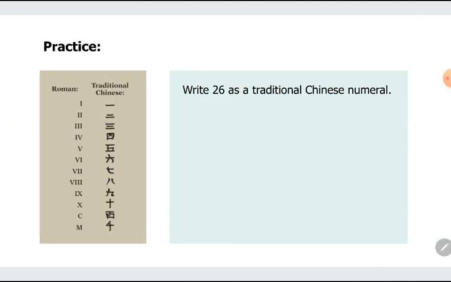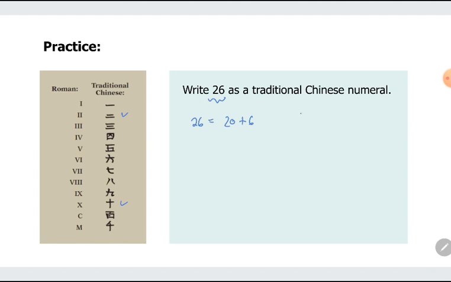Okay, how will we write 26 in traditional Chinese numerals? So 20 and then 6. They don't have a symbol for 20, but they do have a symbol for 10 and a symbol for 2.